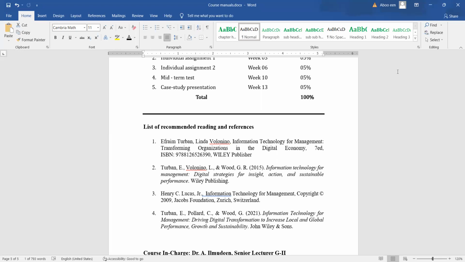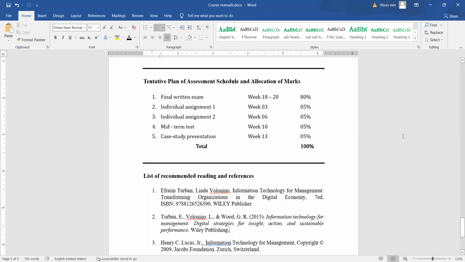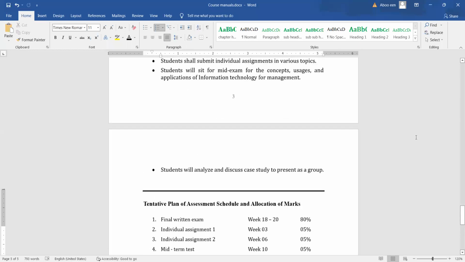It is the latest publication, the author is Turban, and the publisher is Wiley, in 2021. So these are some of the recommended reading, and that's all from this course guide, or course manual.